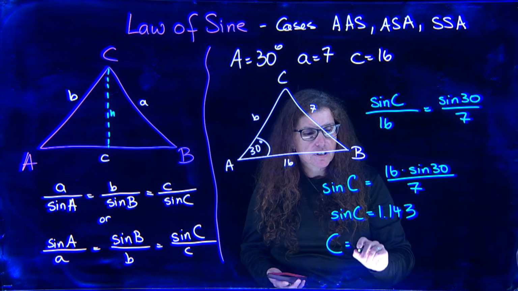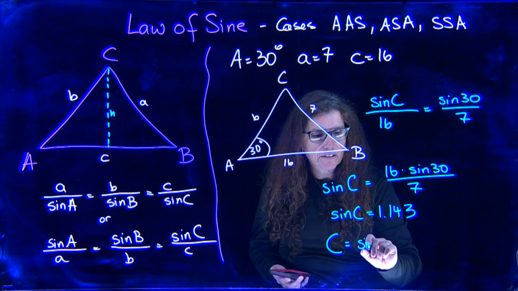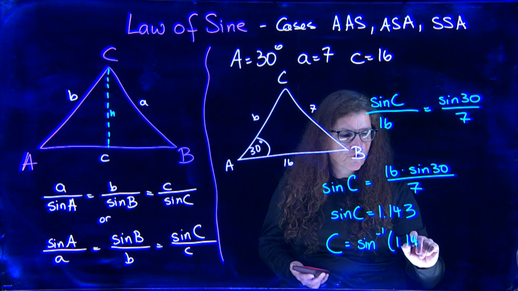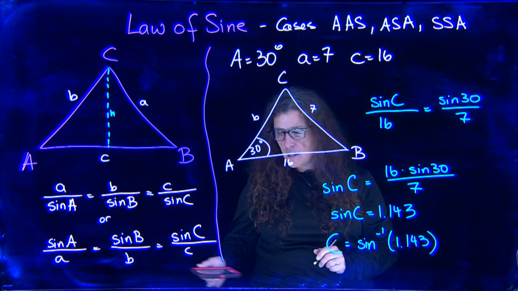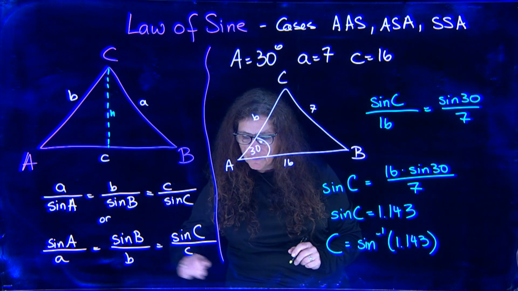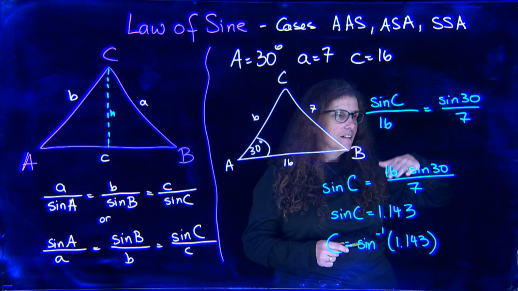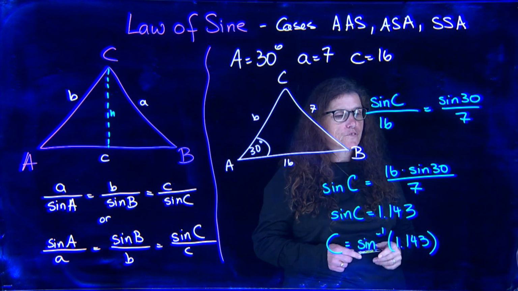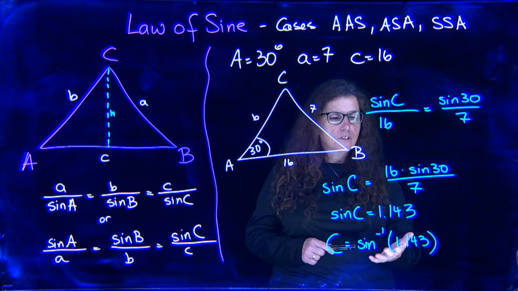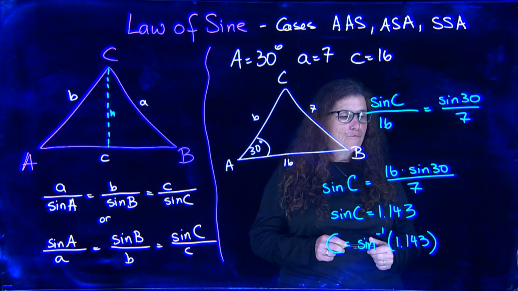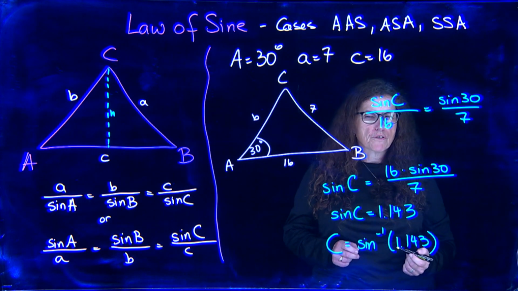We are using the inverse sine of 1.143. Now, as you very well know about trigonometry, a sine has a range that goes from -1 to +1, so there is no possible angle for 1.143.